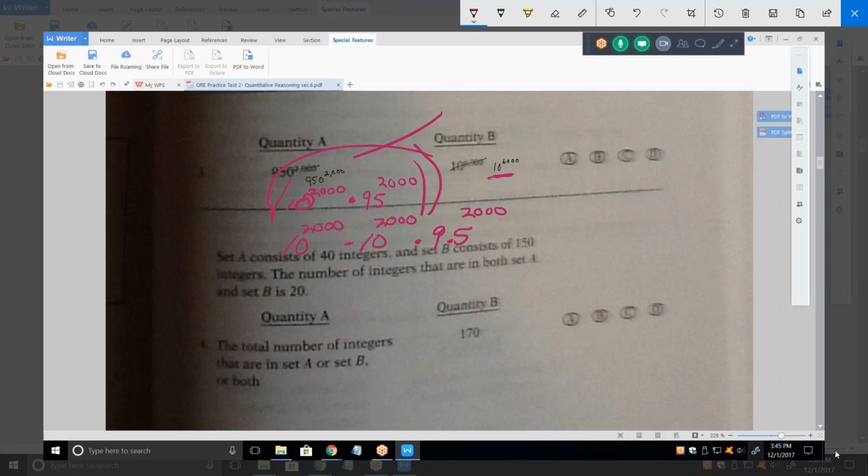What I just wrote right here, or this? The one on the bottom. And the one on the bottom is 10 to the 6,000. Right. So quantity B is bigger. Aha.